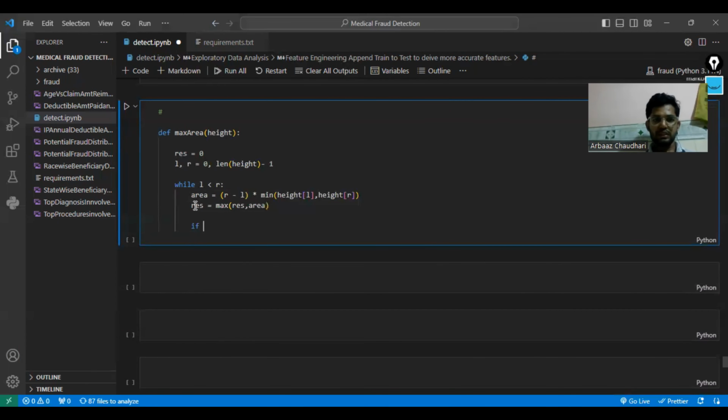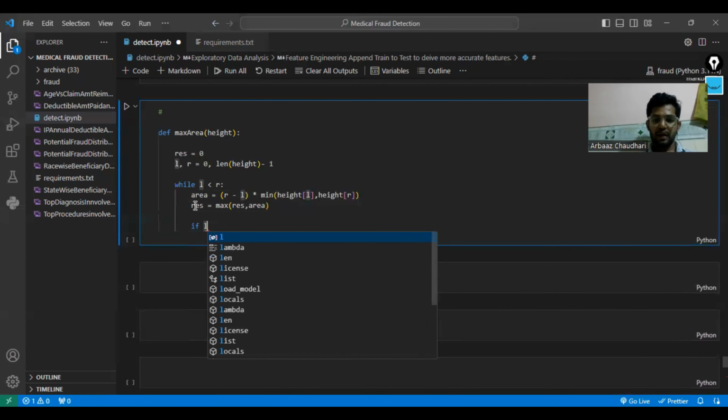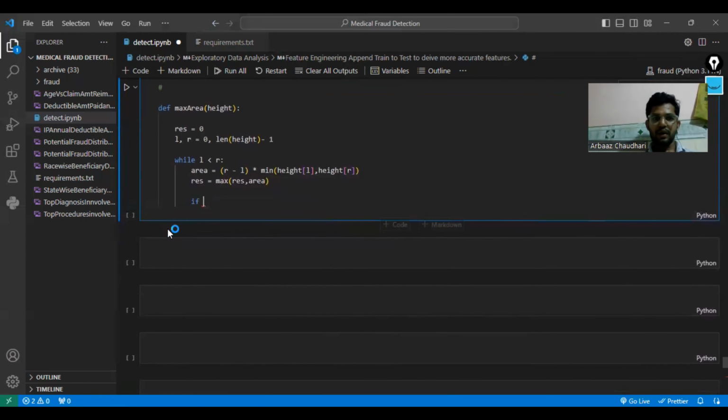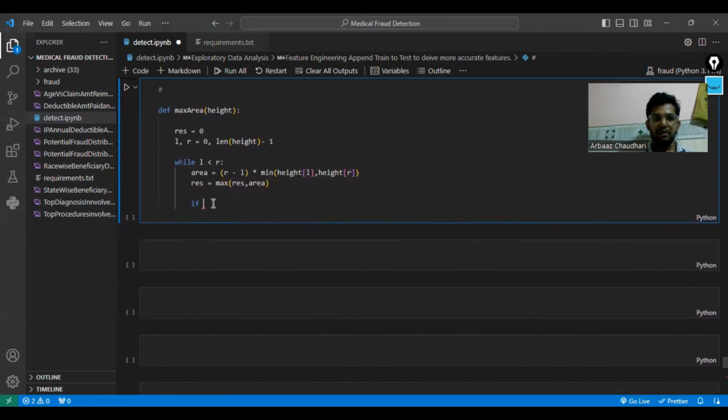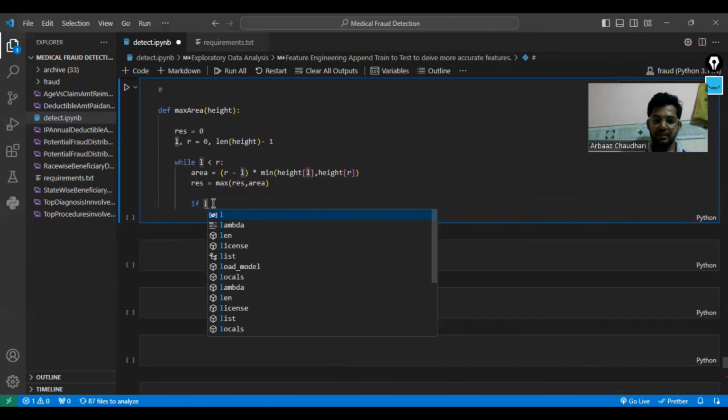Now two conditions, we have to shift our L and R also, right? What will be our condition?